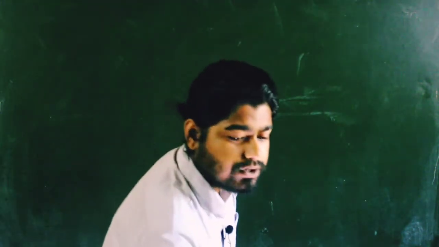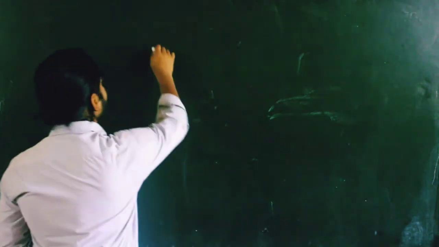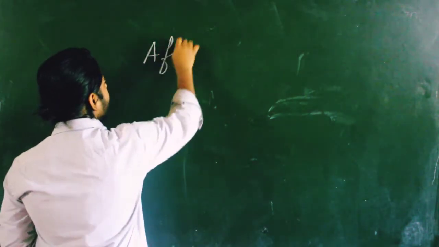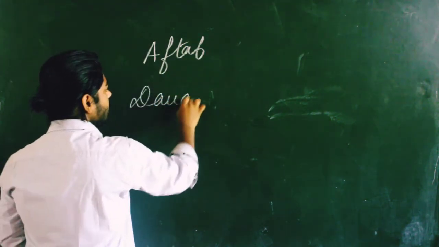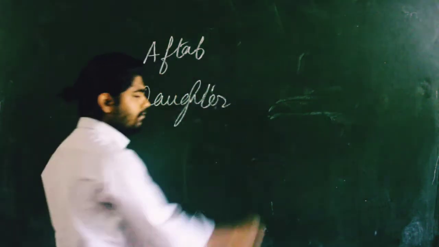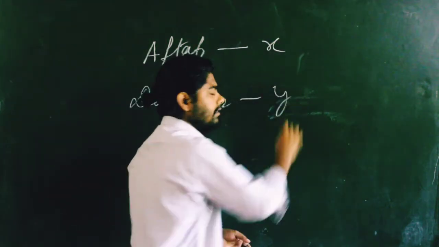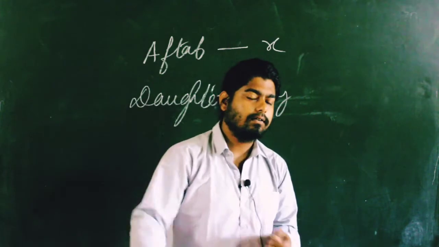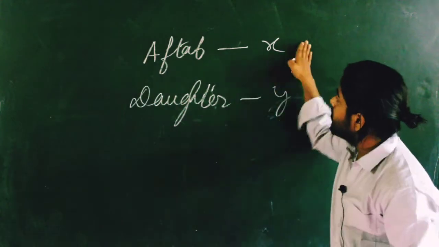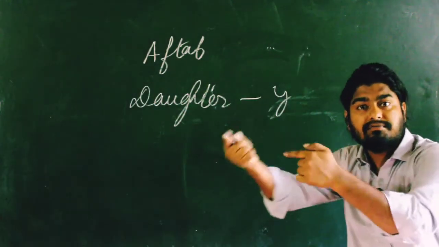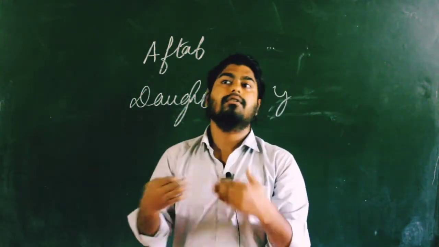We have two components that we are going to assume as variables: Aftab and his daughter. If I just let them be X and Y, then I will not get the proper answer. Why? Because I am not assuming the variable correctly. I have to say the present age of Aftab is X. You have to assume the variable in a certain way so that you always get a correct answer.